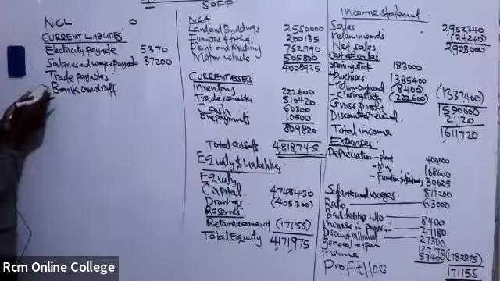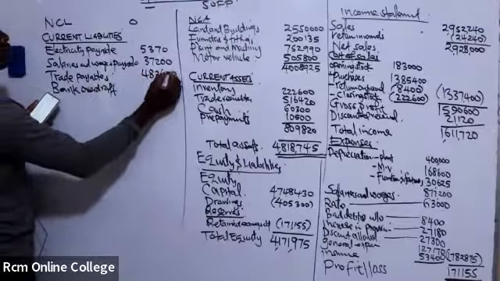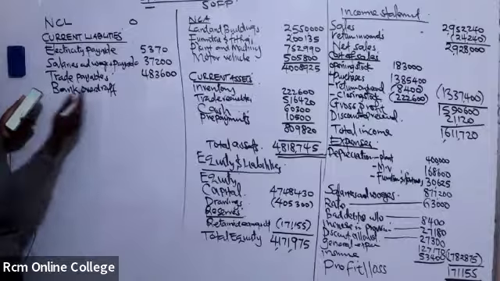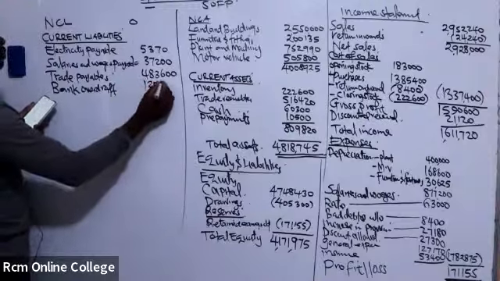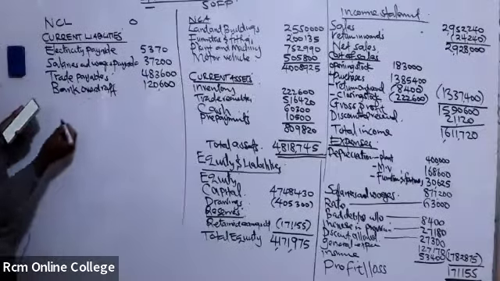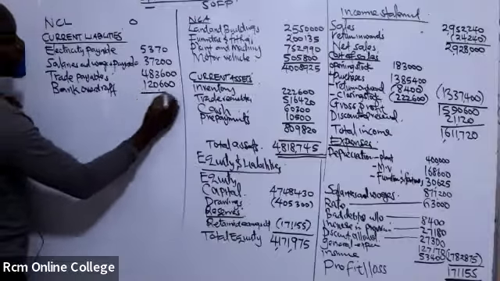Trade payables is 483,600. Then bank overdraft, I can see we have 120,600. Good. So, any other liability that I'm leaving out? I doubt. So let's get our total current liabilities.